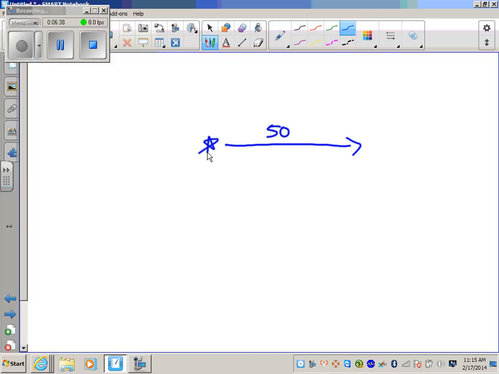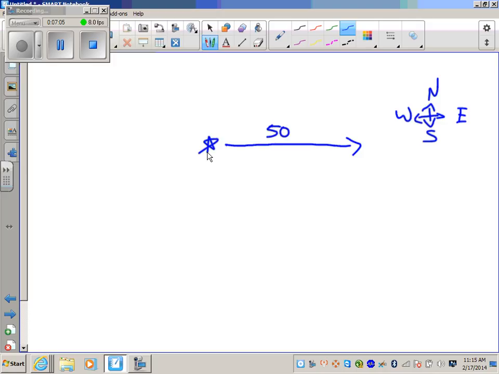If I told you, go outside in the snow and walk to the north, you walk that way. But if we're looking at direction on a paper, then you go just like you were looking at a map. Okay? So 50 steps to the east, what's the next one?